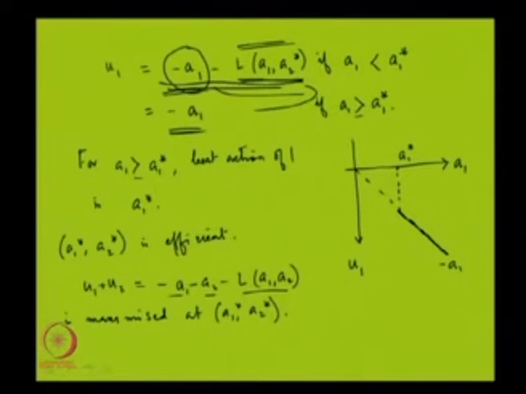Now, if at A1 star and A2 star this is being maximized, what is the inference from that?